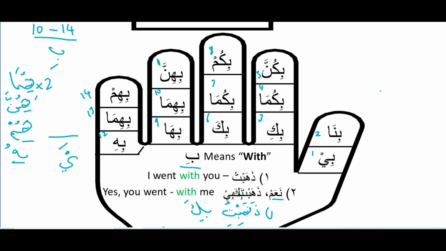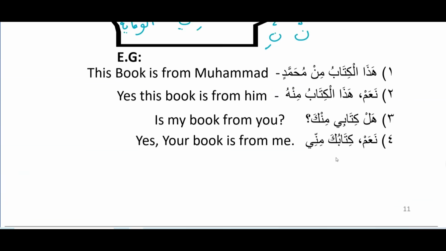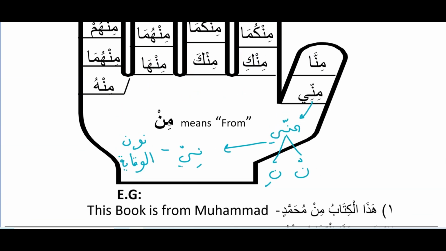Yes, for min, right? After the preposition, min is also kasrah. But because of the nun, that's why it's forfeited. The first huruf, min, we have the mim in the kasrah state, and then the nun in the sukun state.